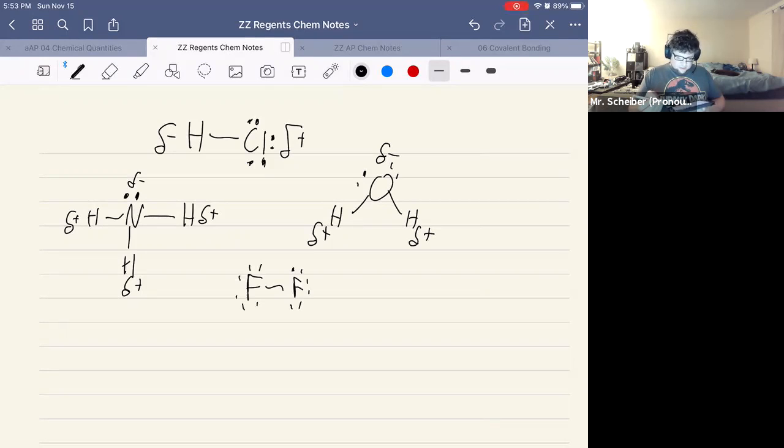And the reason I had us draw out fluorine is that there are two different types of bonds going on here.